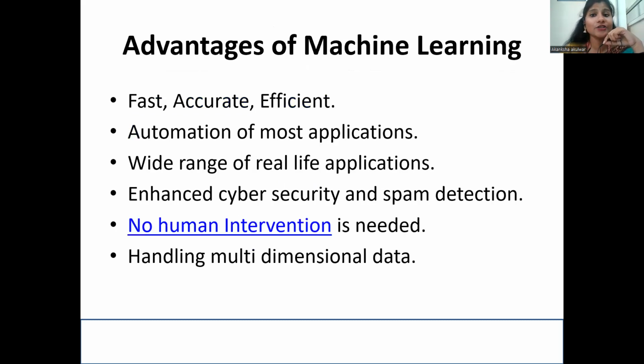So what are the advantages of machine learning? Some of the advantages listed here are fast, accurate, efficient automation of most applications, wide range of real-time applications, enhanced cybersecurity and spam detection, no human intervention needed, and handling multidimensional data.